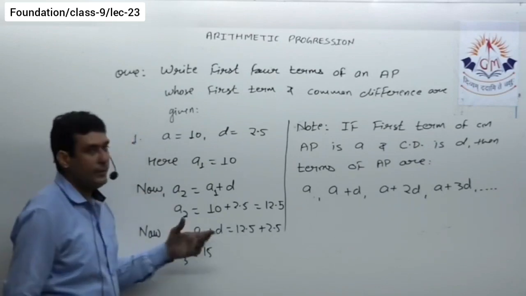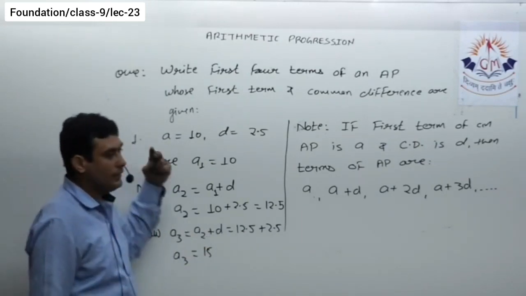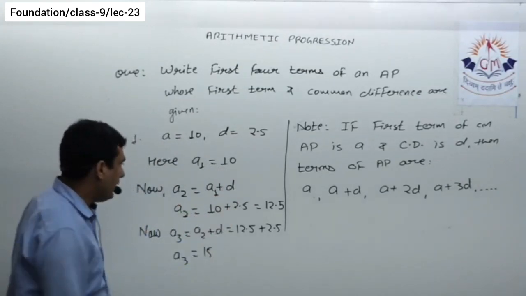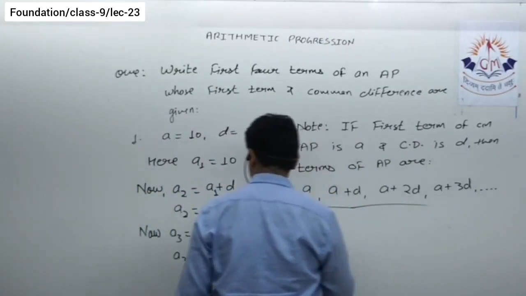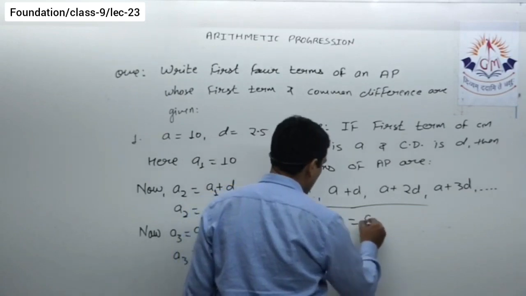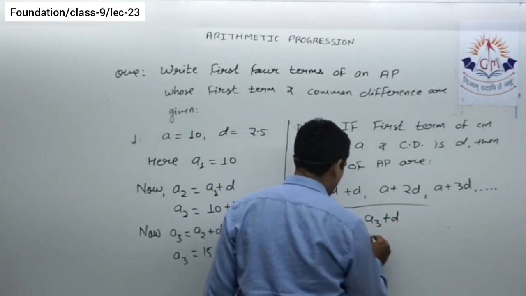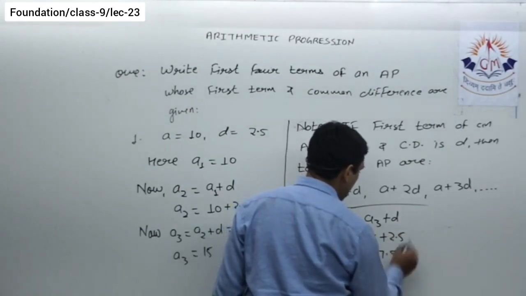In that way we can write 4 terms of the AP. So the 4 terms will be 10, then 12.5, then 15, then 17.5 and so on. Now a4 is equal to a3 plus d, that is 15 plus 2.5, that is 17.5.